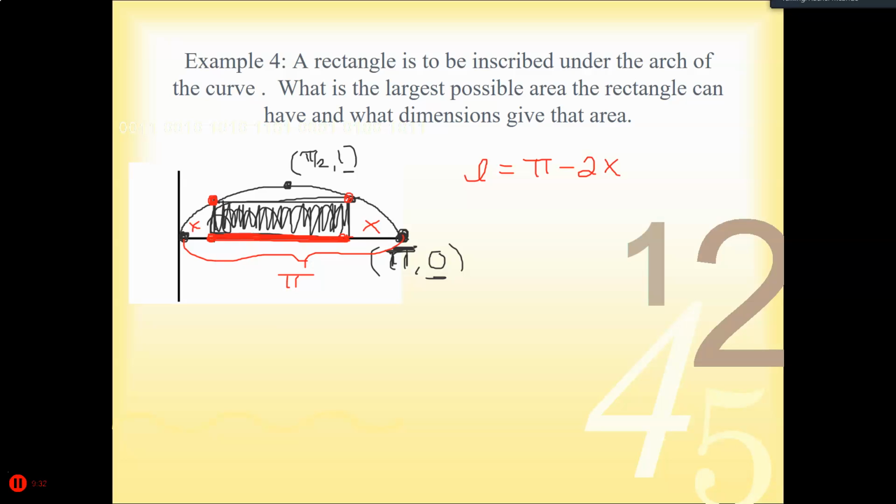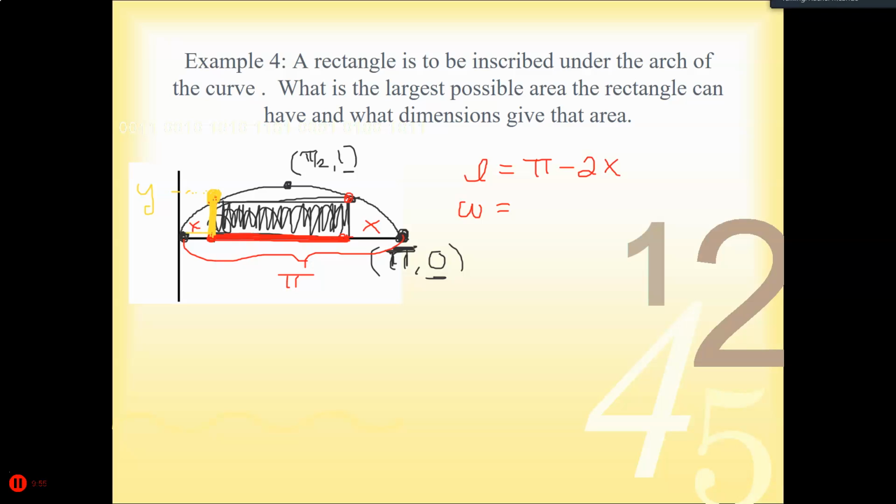The height or the width of the rectangle then would be this piece from here to here. So what would this represent? Well, that would represent the y value, right? So that would represent the y value of this curve.